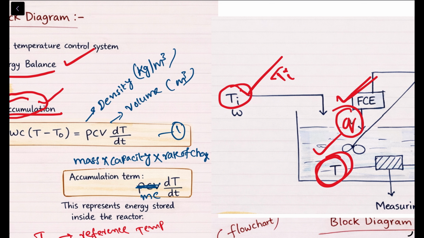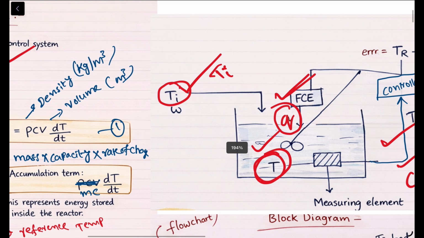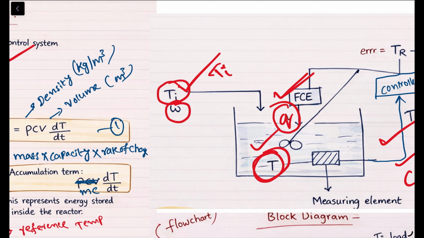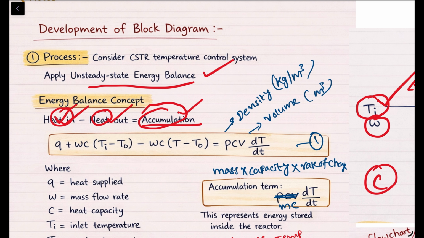The incoming fluid enters at temperature Ti, the flow rate is W, and the heat carried by the fluid depends on its heat capacity C. So the heat entering the reactor due to the feed stream can be written as WC times (Ti minus T0), where T0 is the reference temperature.